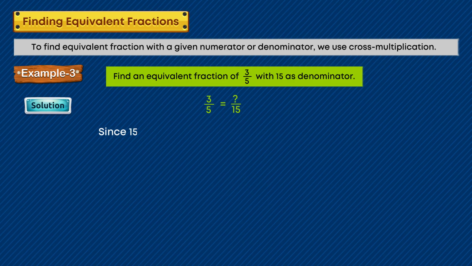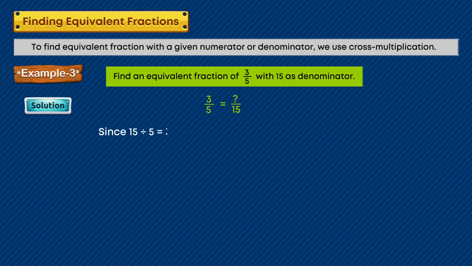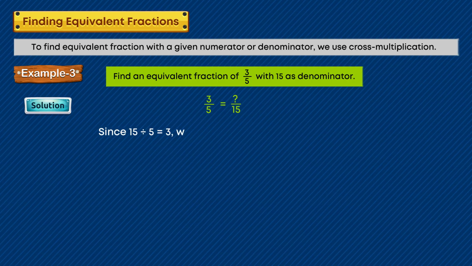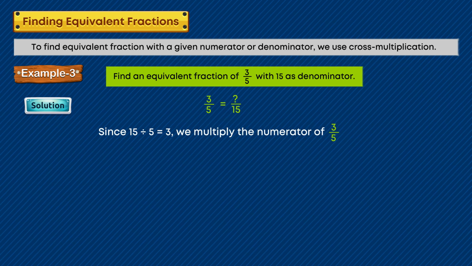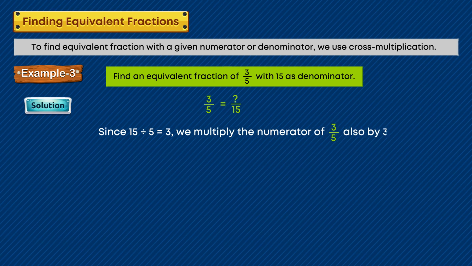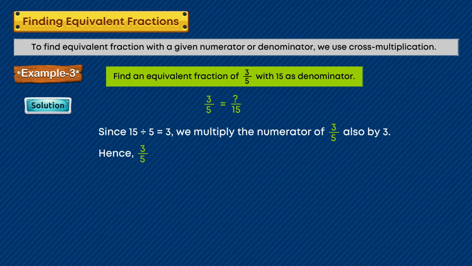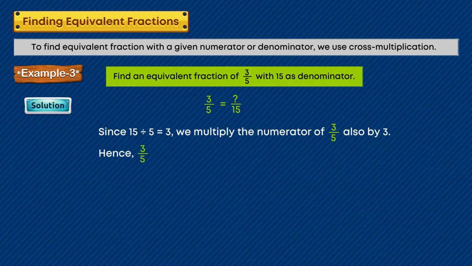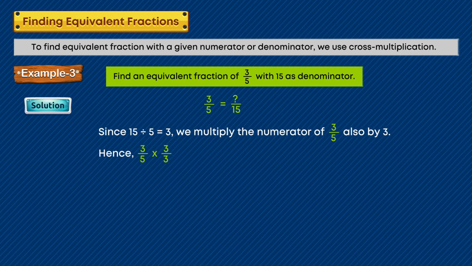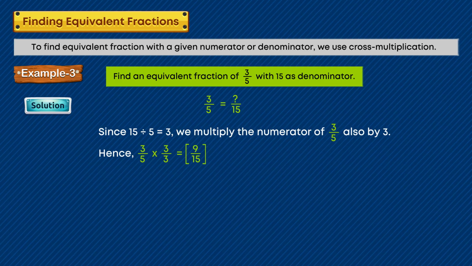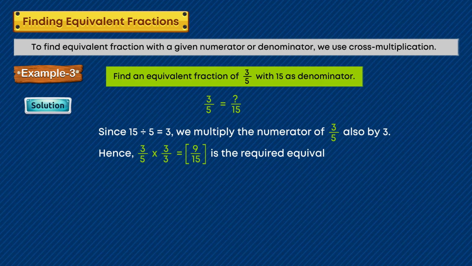Since 15 divided by 5 is equal to 3, we multiply the numerator of 3 by 5 also by 3. Hence, 3 by 5 into 3 by 3 is equal to 9 by 15 is the required equivalent fraction.